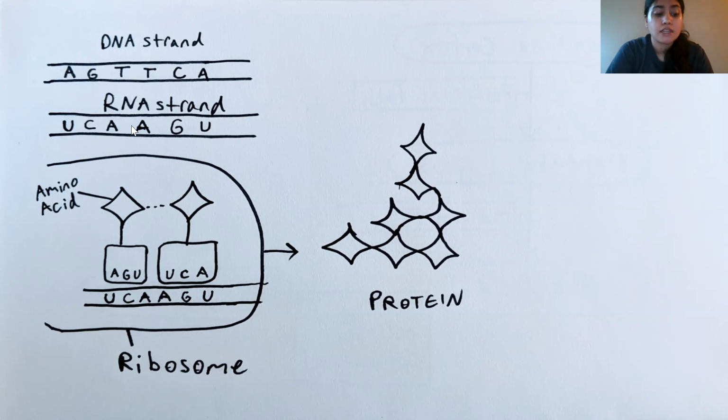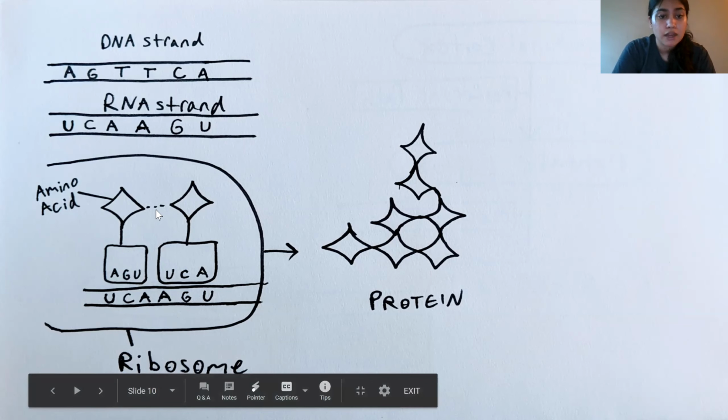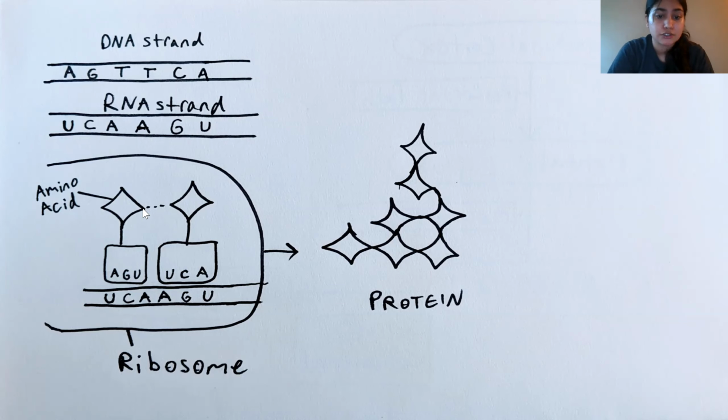And when this complementary RNA sequence is created, it goes to something called a ribosome, where more RNA molecules arrive, carrying amino acids with them. And as these amino acid carrying RNAs stick to the genetic information carrying RNA, the amino acids start forming bonds with one another. And as they do, they release from the RNA that was carrying them, and these strings of amino acids then fold up to form a protein.